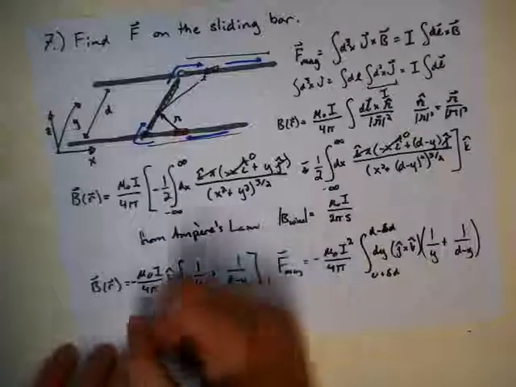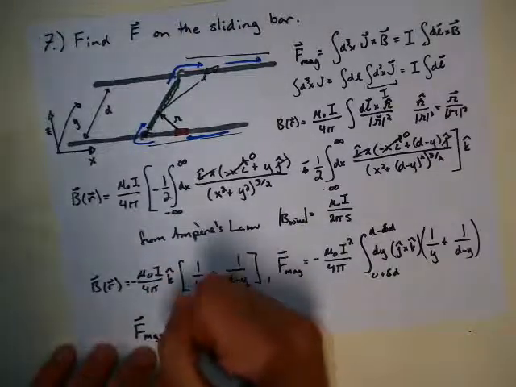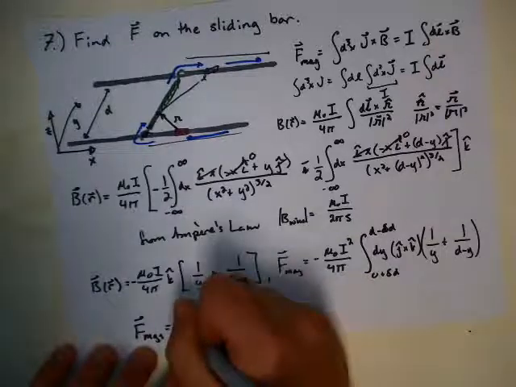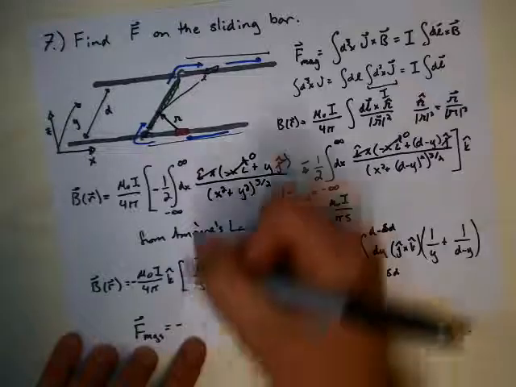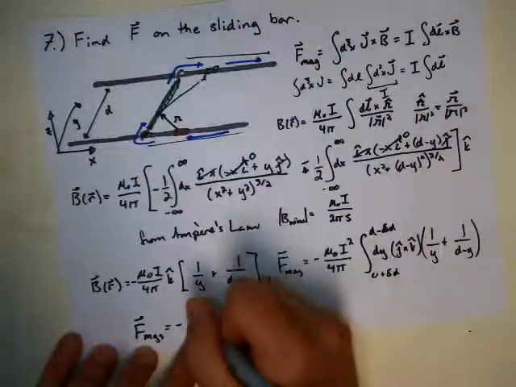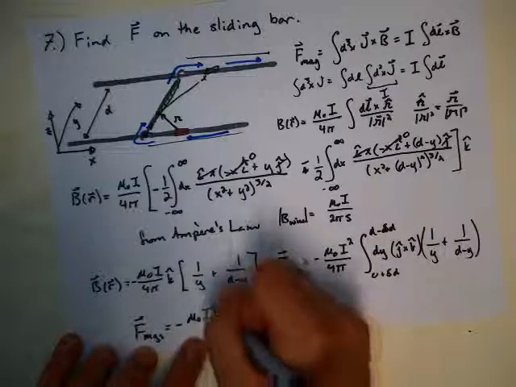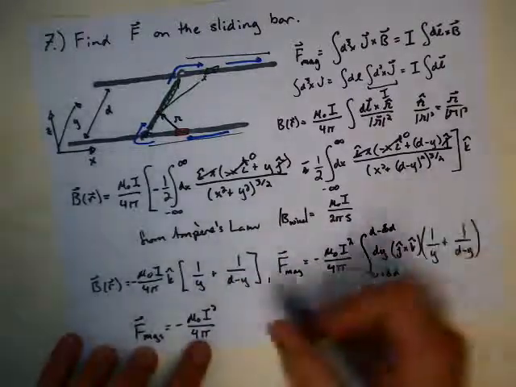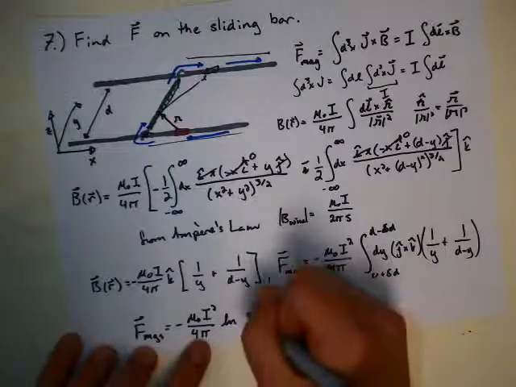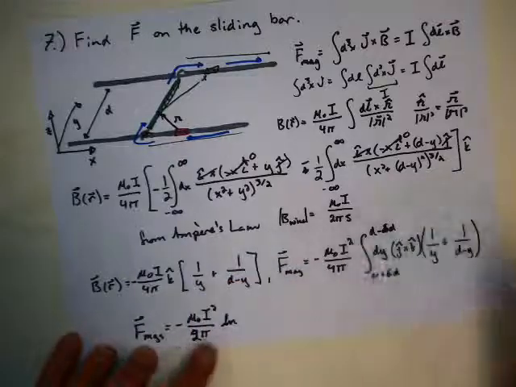You can do this integral, and so the magnetic force is going to be j cross k is i, so this will be in the negative x direction, or that way. So minus mu naught I squared over 4 pi, and then we're going to get this log. So we're actually going to get two of them, so we might as well make this a 2.